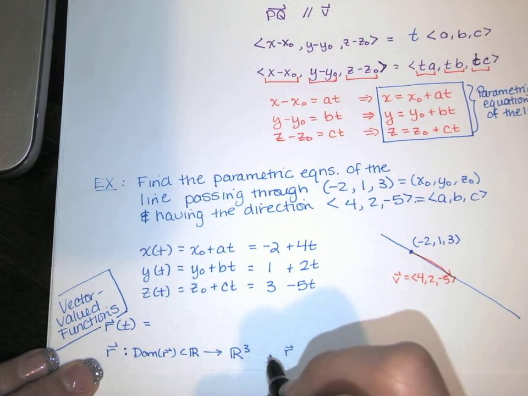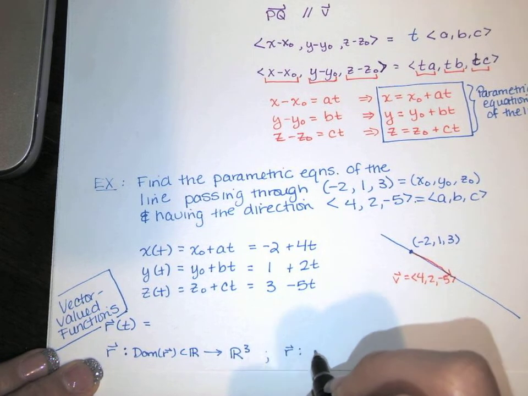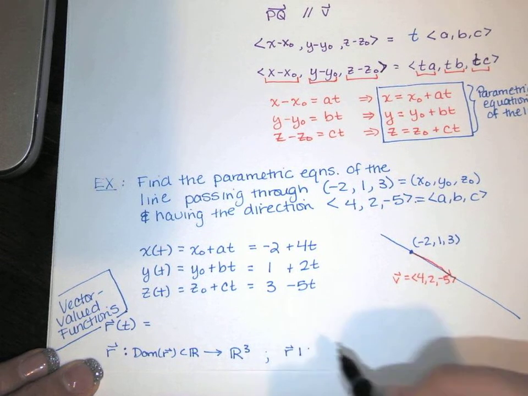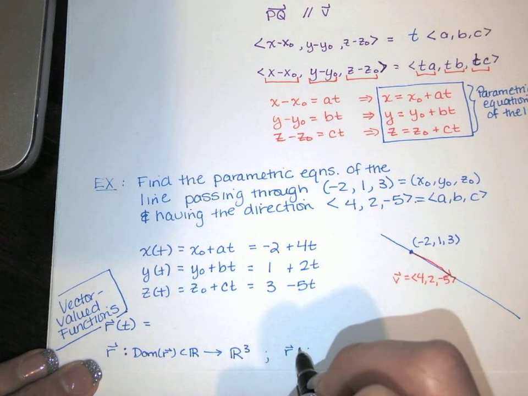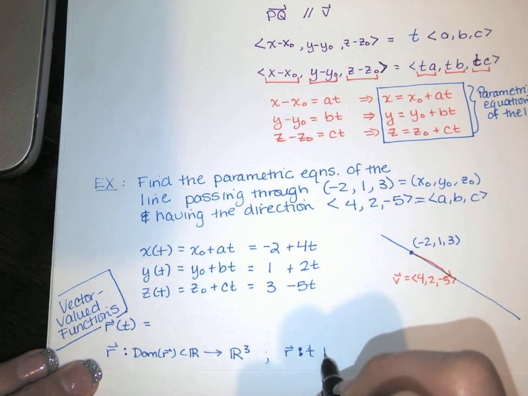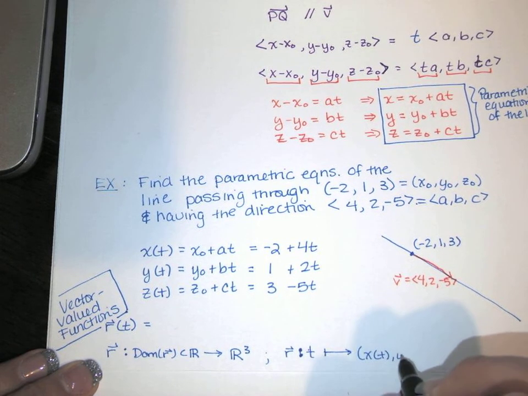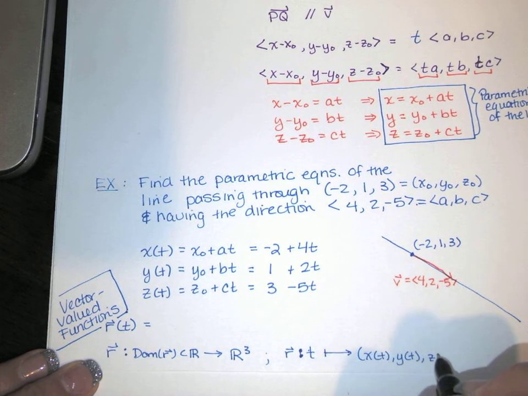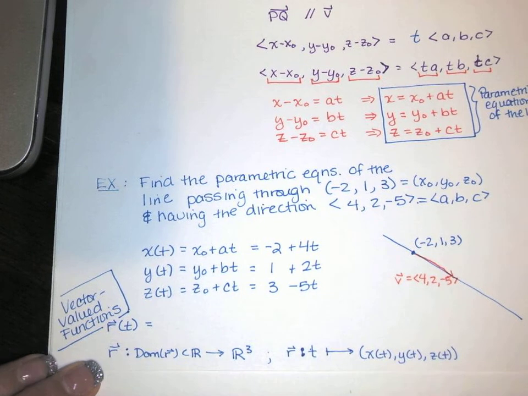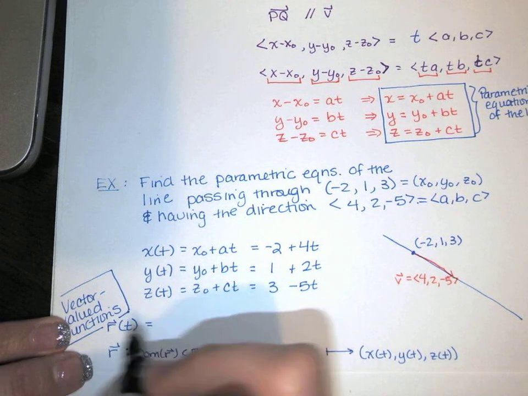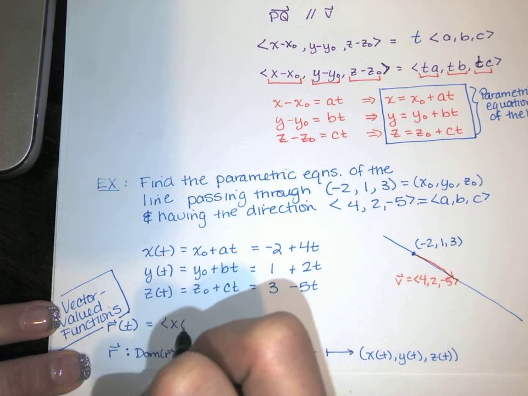you write this over here in this other notation. I'm going to take every t and I'm going to assign it to a specific point, x of t, y of t, z of t. So r of t has components.